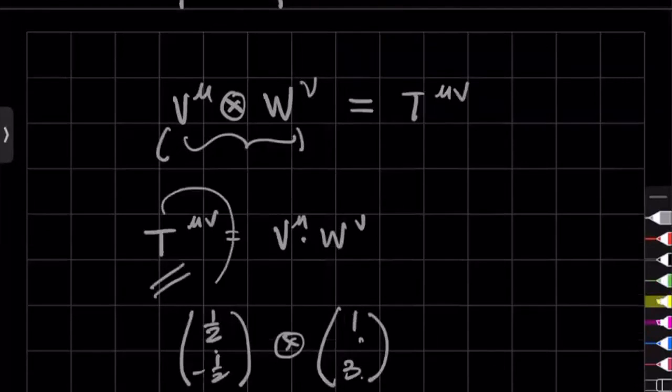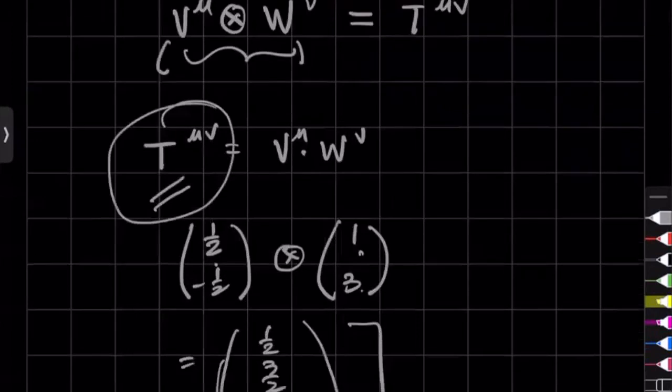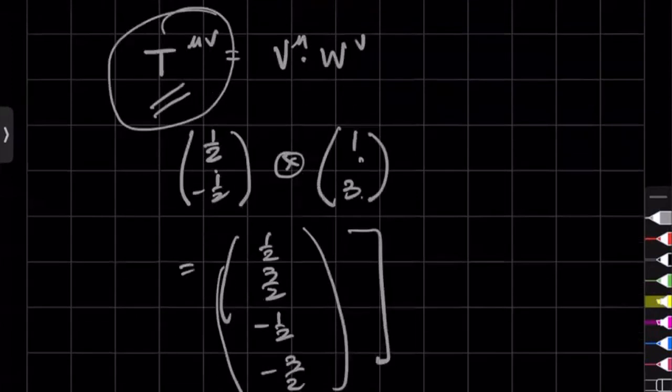Because this looks like a matrix, right? But you can say, okay, I'm just going to flatten this guy out. So there are many different ways that you can write this.